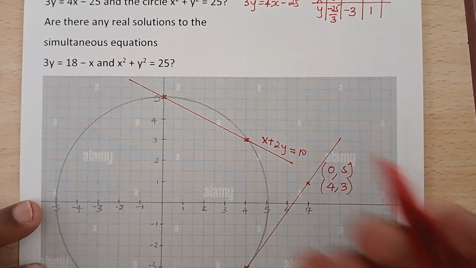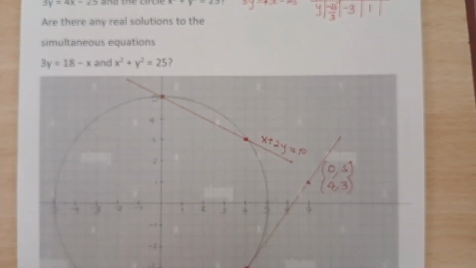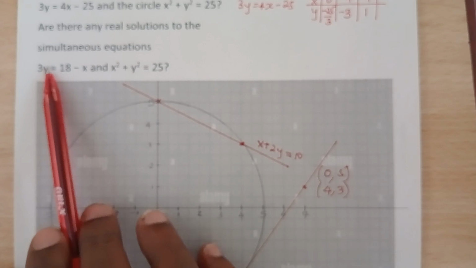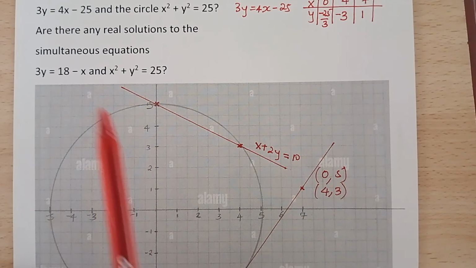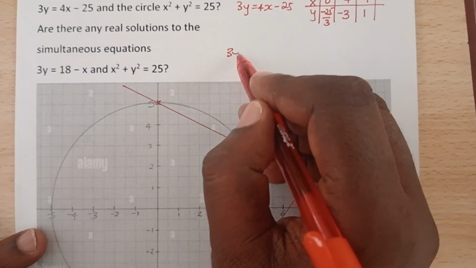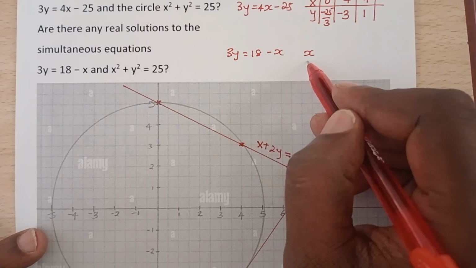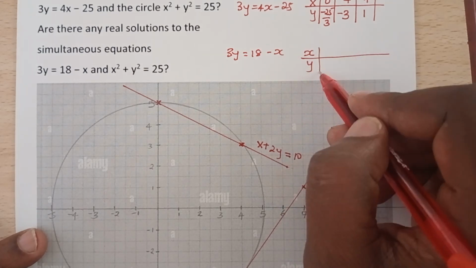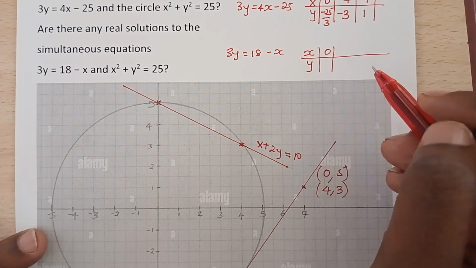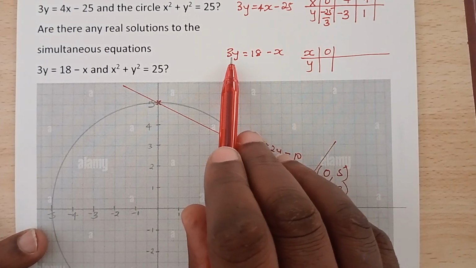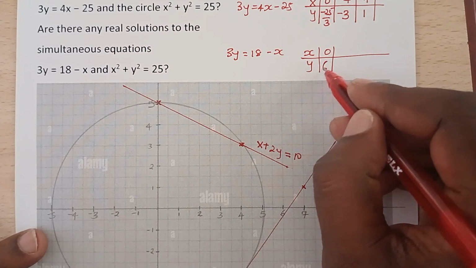Let us just see the equation. We have the equation of the circle. What we need now to come up with is the equation 3y is equal to 18 minus x. Let's have the value of x and the value of y, where x is, let's say, 0. Where x is 0, 3y is 18, and y is 18 divided by 3, which is 6.